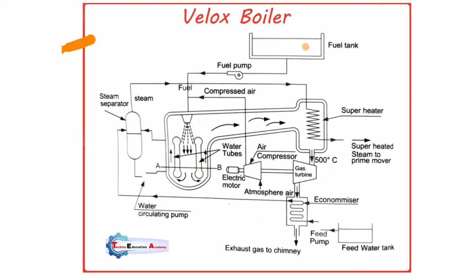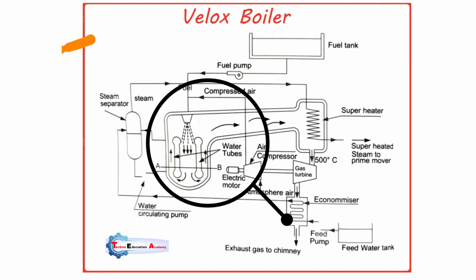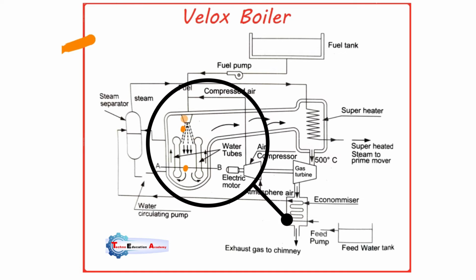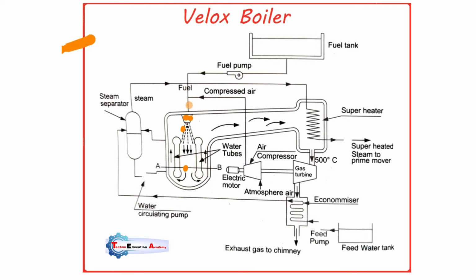The fuel and air are injected downwards into the vertical combustion chamber. Here you can see the combustion chamber and the nozzle, and this nozzle is connected with the fuel pump and fuel supply system. The combustion chamber consists of gas tubes and annular water tubes.